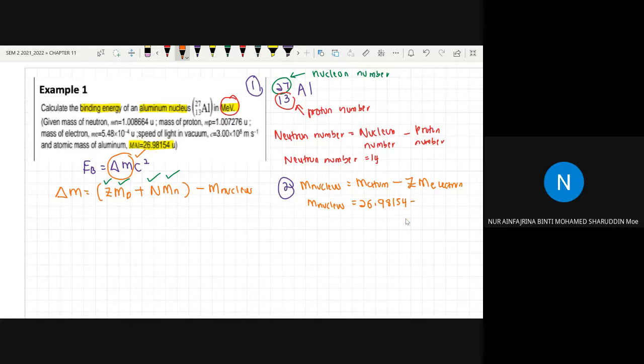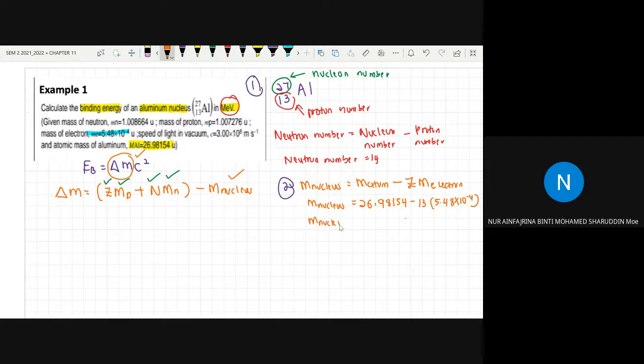Number of electrons? 13. Why? Because the number of electrons equals the number of protons. Mass of electron? 5.48 times 10 to the power of negative 4. It is given. Now we already have our mass of nucleus.